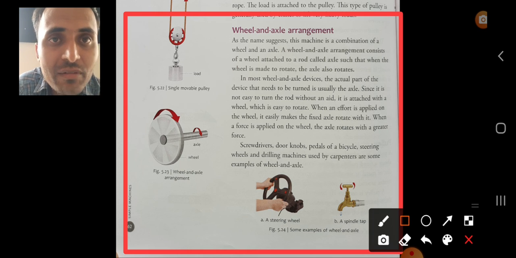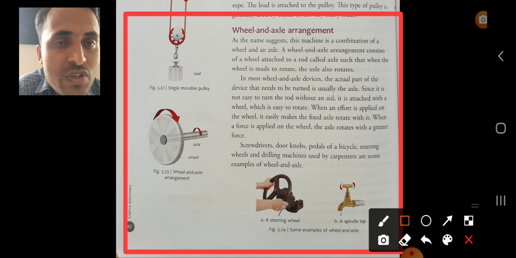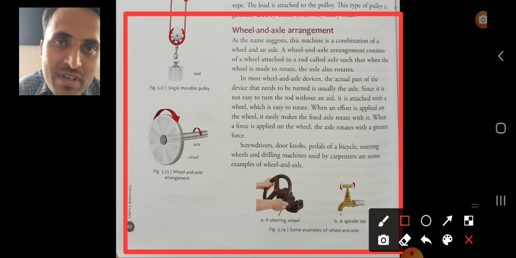It is the handle wheel, or you can simply say handle. The steering wheel is the best example of the wheel and axle arrangement. It has one steering wheel, which rotates in clockwise and anti-clockwise directions.